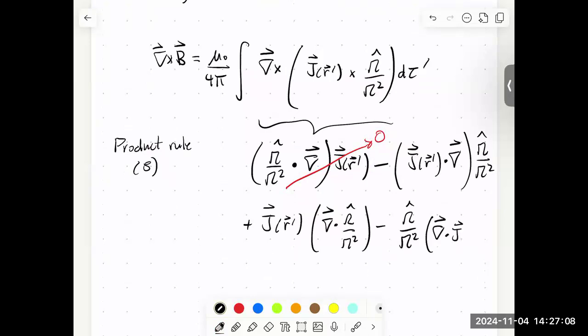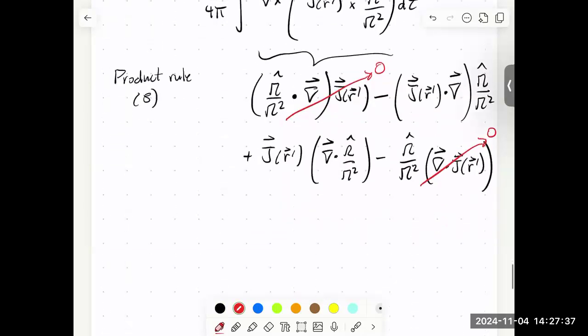We know one of them is going to be 0. Which other one is going to be 0? Second, third, or fourth? Third, no, the third one's a special one. The last one, yeah, that's right. Here is del operating on just the current density, and so that one has to be 0 as well. Okay, so we have these 2 remaining terms, and let's deal with them one at a time.